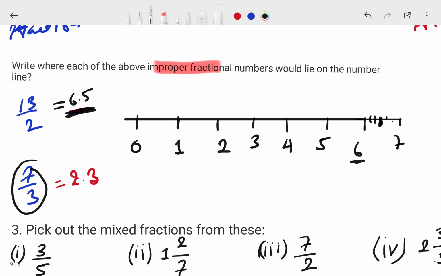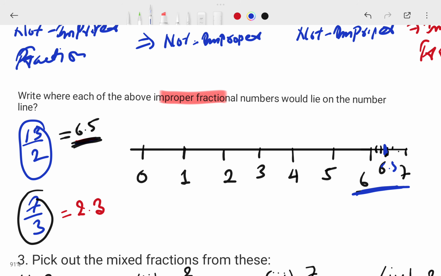So 6.5 will be here in the middle, between 6 and 7. So where will this number lie? This number will lie between 6 and 7. Why? Because it lies in between, right?